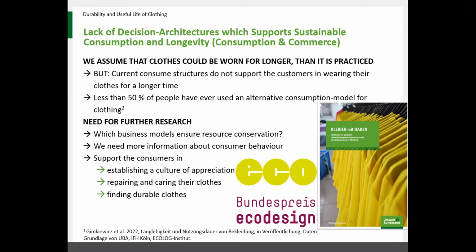The Uber itself promotes new business ideas, among other things, through the Bundespreis EcoDesign. As Conrad said in the beginning, Budde with circular fashion was one of the winning ideas. And regarding business models, we also hear more about it later from Kerli Kant-Hvass.